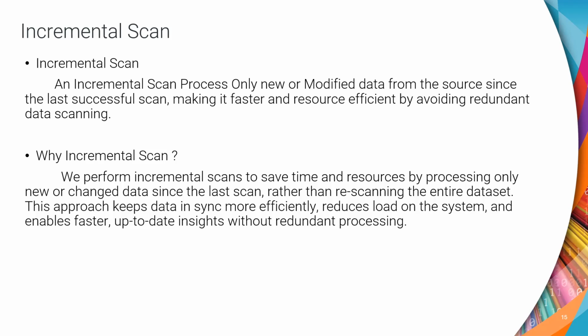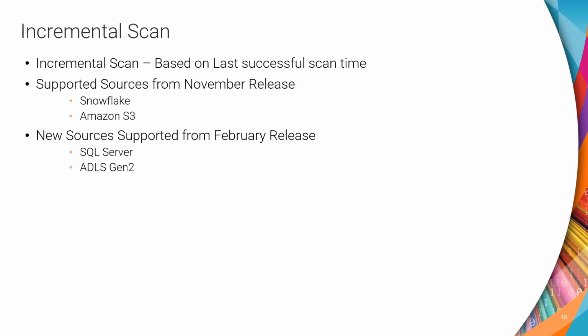This approach reduces the scanning of redundant data, load on the system, and time, and also syncs with the source system. Incremental scan is based on the last successful scan time. Supported sources from November release are Snowflake and AWS S3. New sources supported for February release are SQL Server and ADLS Gen 2.